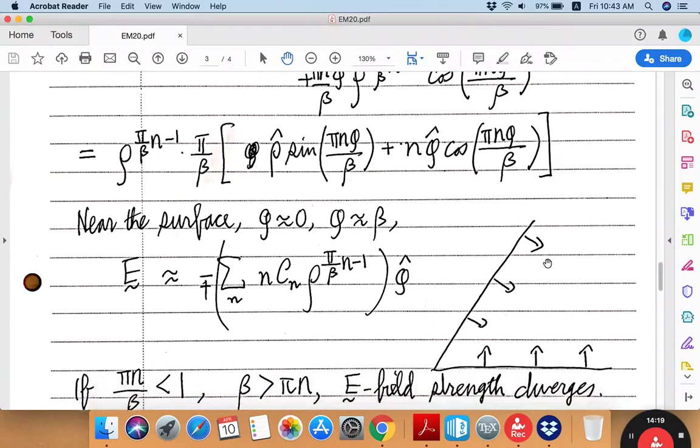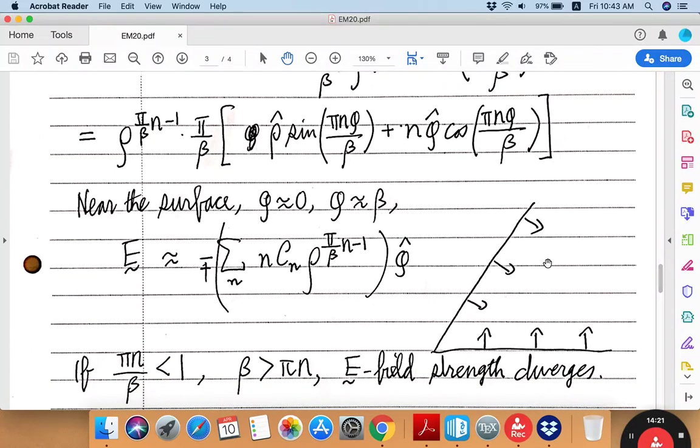But now you see there's quite a bit of simplification to this answer when you decide to focus on the region near the surface. So near the surface, the angle is either very close to zero or very close to beta.